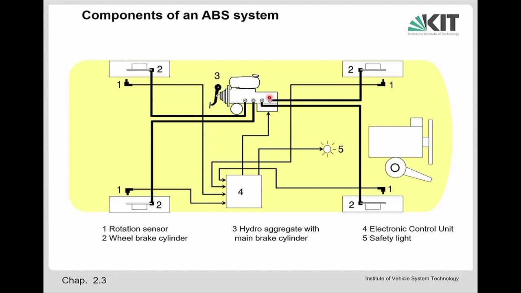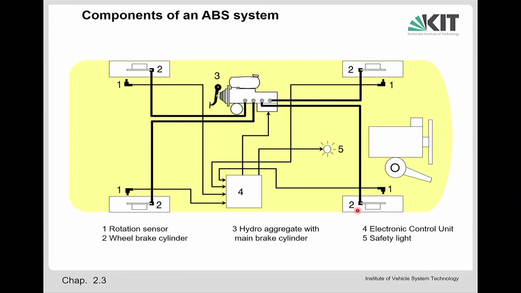A fluid is used to transmit this pressure through the pressure lines, which are thin hoses going from the main brake cylinder across the vehicle to the wheels. Only for the last few centimeters is a flexible hose used, which allows the wheel to be deflected during driving and to be steered.